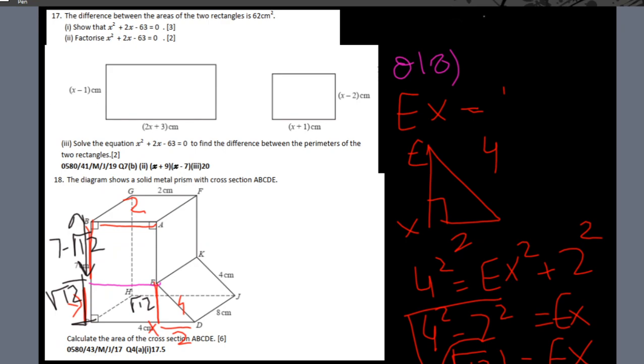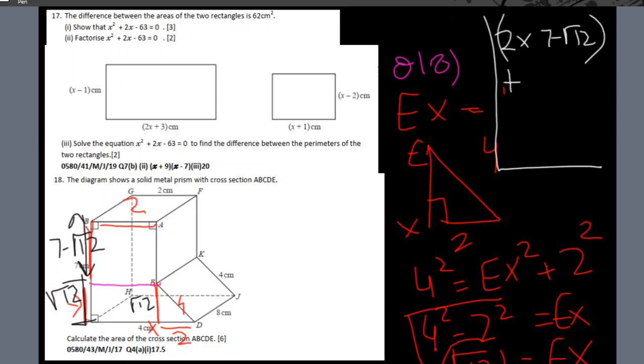We need the area of the upper rectangle, that will be 2 times (7 minus root 12), plus the area of the trapezium, which is half times height, root 12, times the sum of parallel sides, which is 2 plus the whole lower length, 4. Yes, 4. This is 2 and this is 4. So 2 plus 4. Alright, let's put all of this in our calculator and have our fingers crossed.